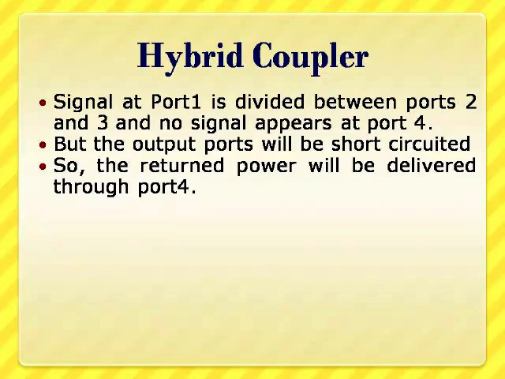Depending on the length of the line, you will have the amount of phase shift introduced, and by keeping equal line lengths in the ports 2 and 3, you can see that the signal reflected by these two ports can be combined easily, and you get the output with a specific phase shift at port 4.